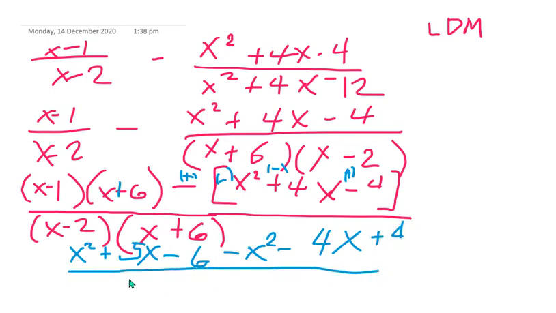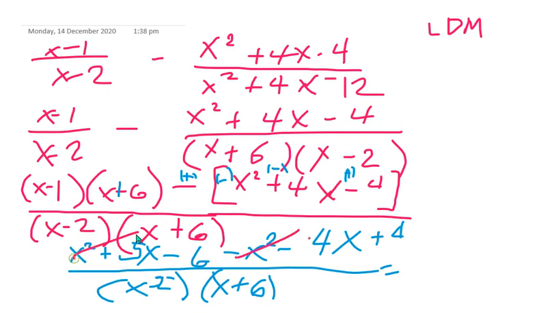Then, the LCD is x minus 2 and x plus 6. Okay, final answer. Combining similar terms, we have x squared minus x squared.